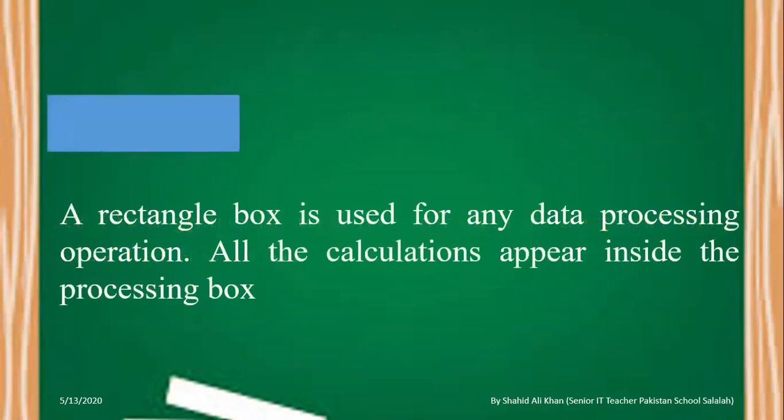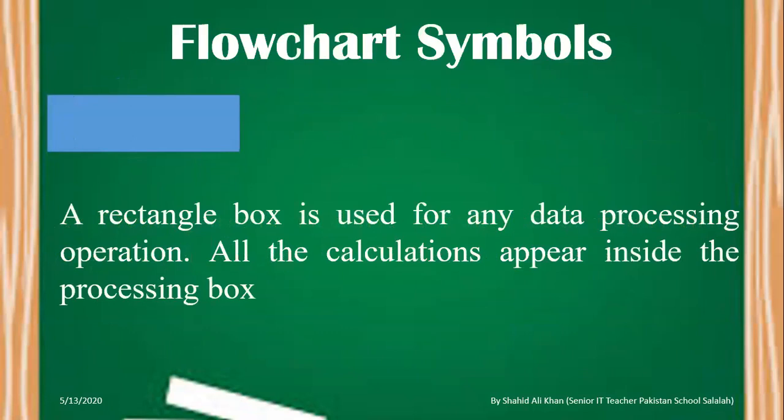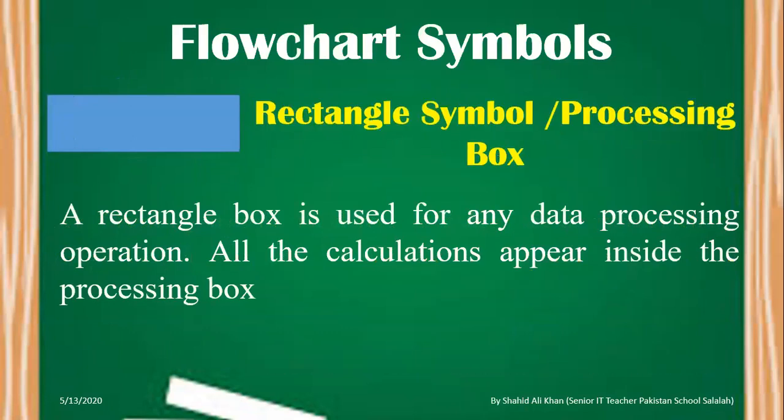The next symbol of a flowchart is the rectangle. A rectangle symbol, or processing box. You can see there is a rectangle symbol in front of you. A rectangle has 90-degree angles along all four sides. That's why it is called a rectangle, and it's a geometrical shape. And in a flowchart, for what purpose is it used?